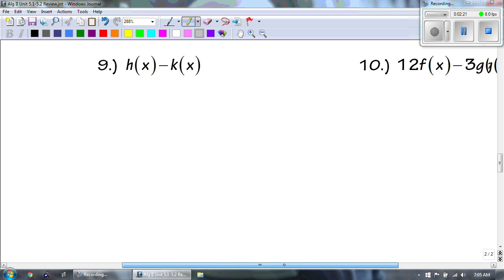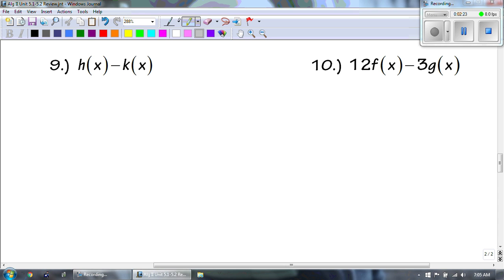All right, number 9. It's always important to see what operation it's asking us to do. So for number 9, it's saying, what is h of x minus k of x? When we do this, we talked about writing it in parentheses, the 4x squared plus 16x minus 4.